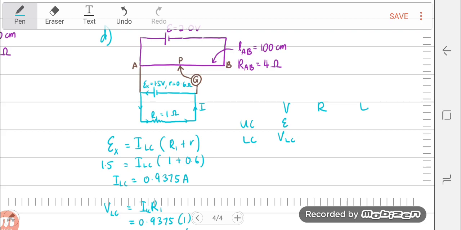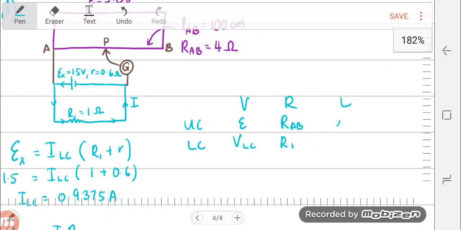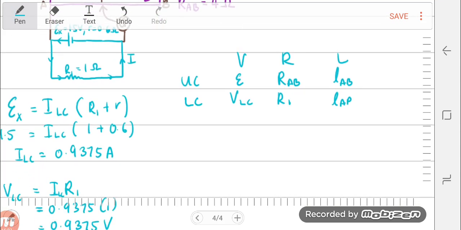Resistance for the upper circuit is again RAB. And then for the lower circuit, we have R1. L is the same, LAB, and then the lower part is LAP. But since the question is asking for the LAP over here, I'm just going to take this one and then compare it again with this part.